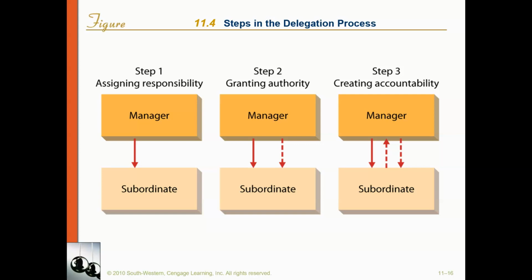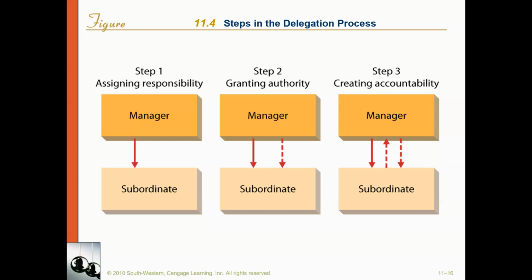For instance, if I have a subordinate work on a project that I'm supposed to be working on, and I say, you need to pull the salary information for these employees as you work on this project, but they don't have access to that information, they can't do it. I have to make sure that they've been given the authority to pull the information they need or to get whatever it is they need to do that job. That's granting authority. And once we've granted that authority, they can actually do the work.